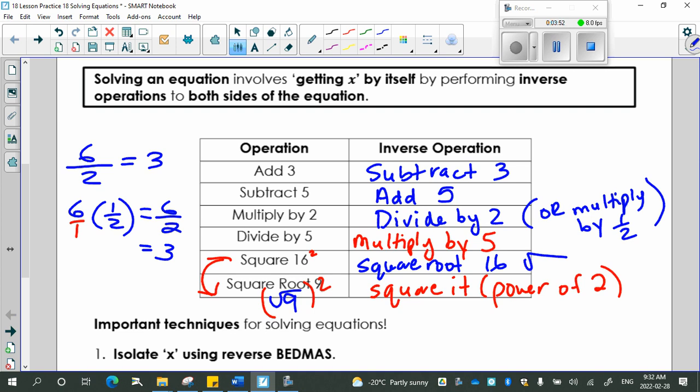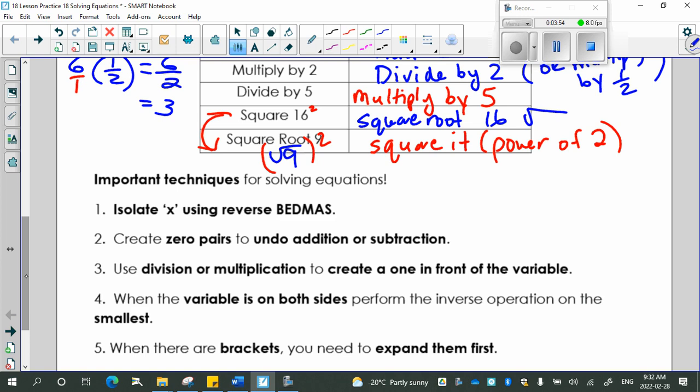So, important techniques for solving equations. We want to isolate x using reverse BEDMAS. We didn't really talk about that when we were solving equations. But when you were working with your ones first, adding and subtracting to both sides, that was dealing with the addition and subtraction first, and then we spread them out and divided.